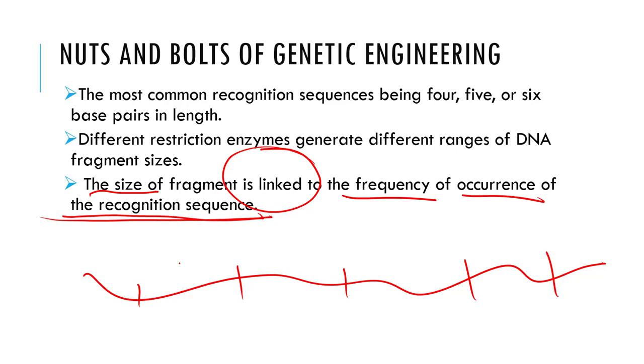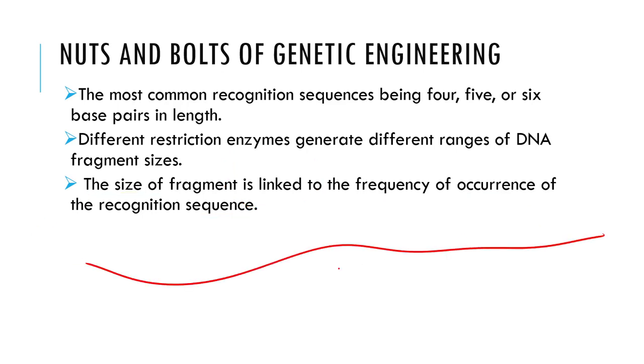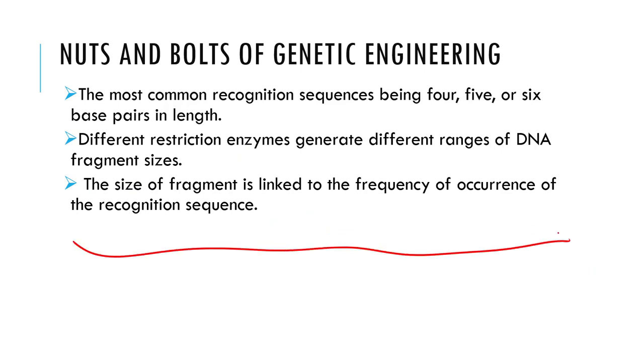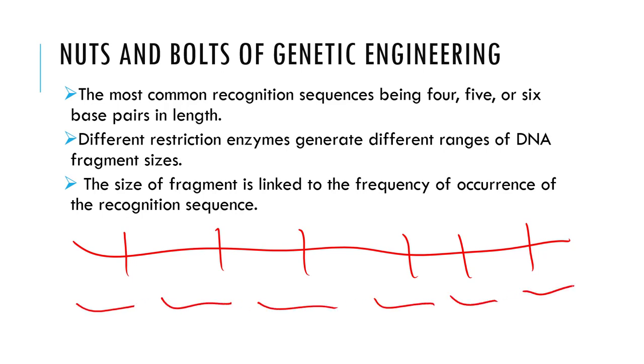If there is, say, only one recognition sequence, this DNA would be cut into two parts. And if the frequency is greater, for example, we have 6 recognition sequences, what we get is one piece, second, third, fourth, fifth, and sixth.